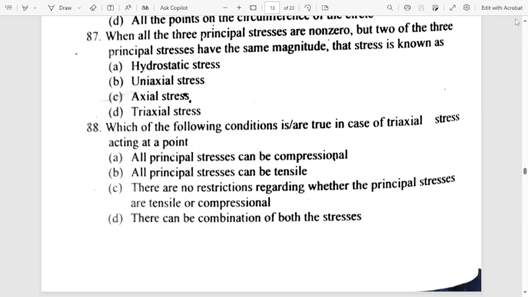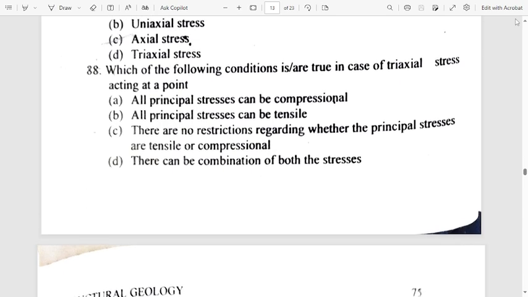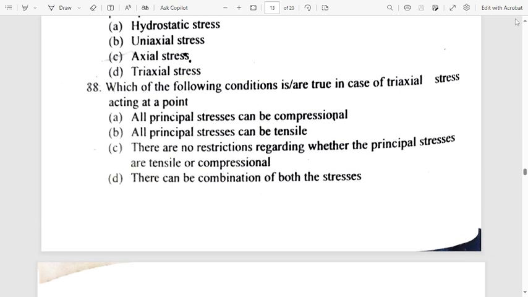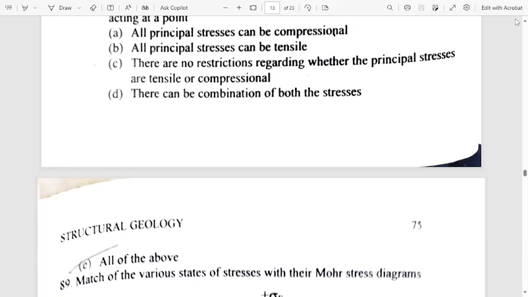Which of the following conditions either are true in case of triaxial stress acting at a point? It is E. E is all of the above.